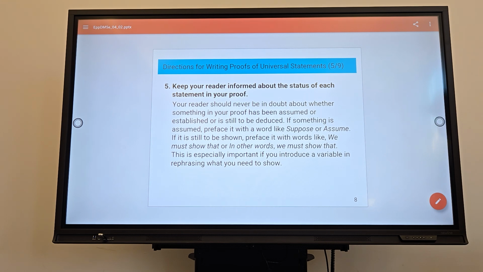If it is still to be shown, preface it with the words we must show that, or in other words, we must show that. This is important when you introduce a variable in rephrasing what you need to show.